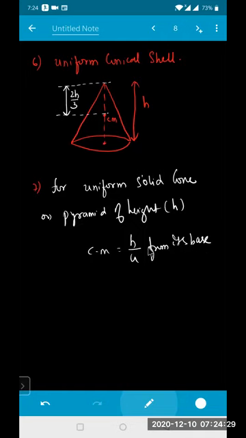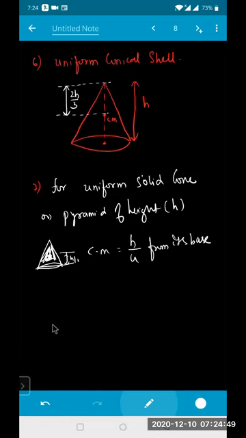So for one like this, which is completely solid, from the base it is at h by 4. This is the center of mass.